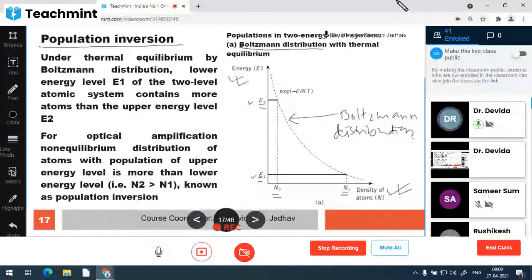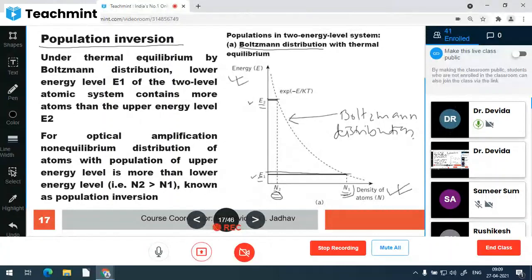So this is the energy level E2, this is the energy level E1. So N2 number of atoms or N2 number of charge particles are in the conduction state, whereas N1 number of charge particles are in the valence state.